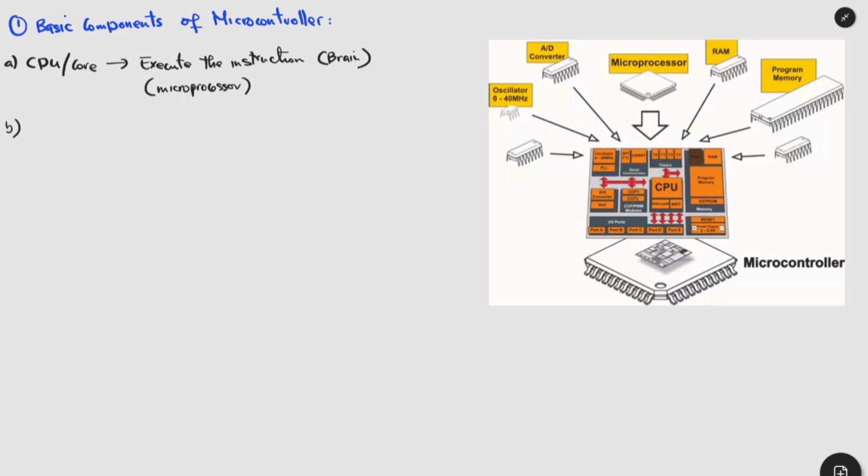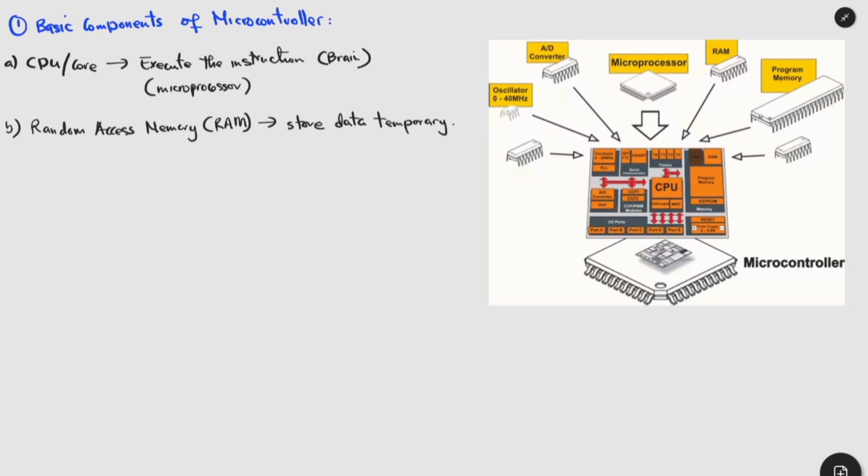The second basic component is called the random access memory. A random access memory, sometimes called the RAM, has a function such that it will store data temporarily.